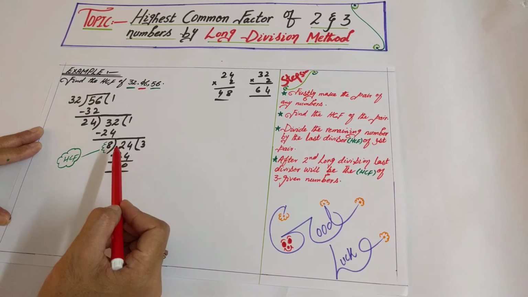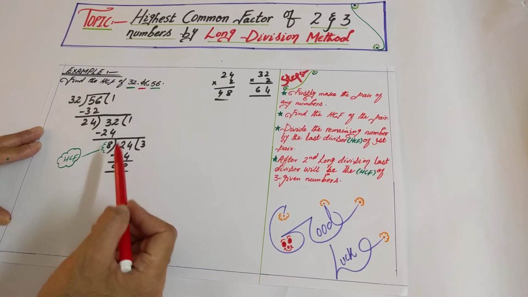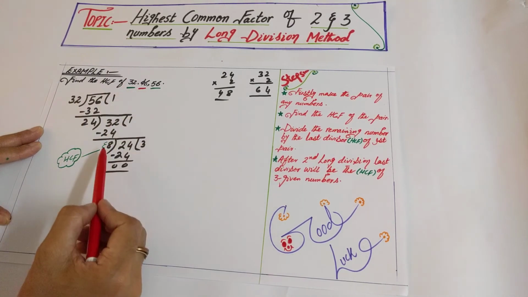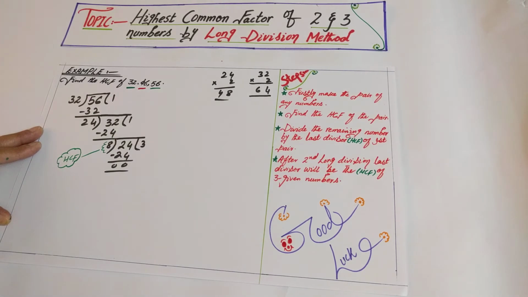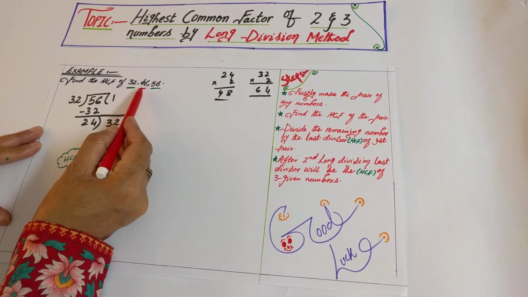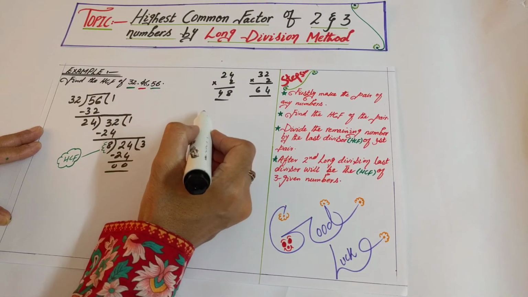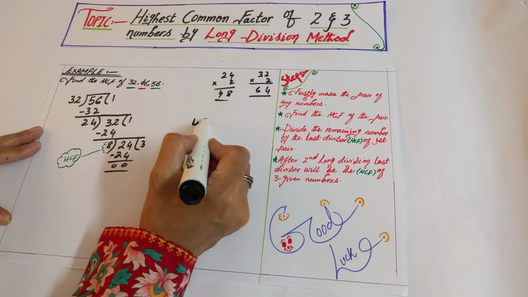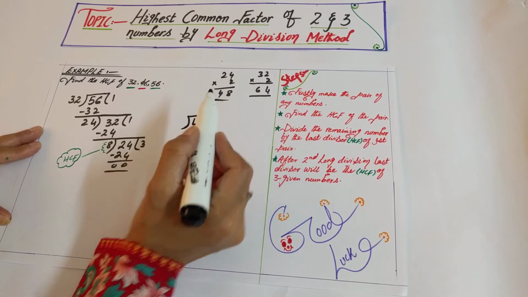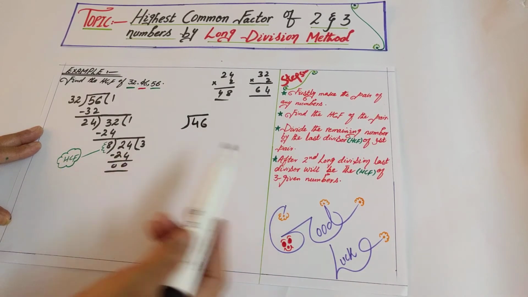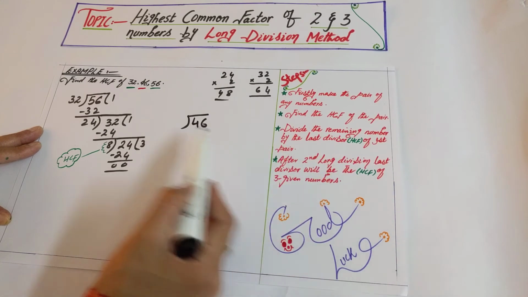Now we will do one more long division for this left number by this last divisor. Let's start. 46 is our last left number, so we will divide 46 by the last divisor of the first pair.